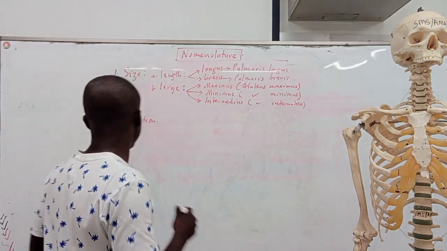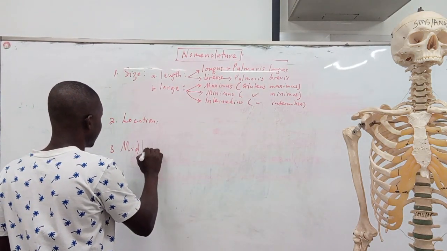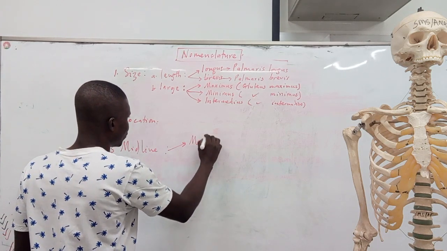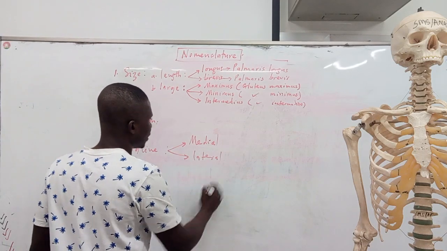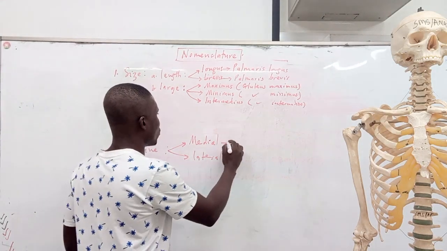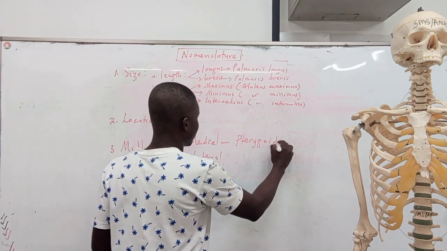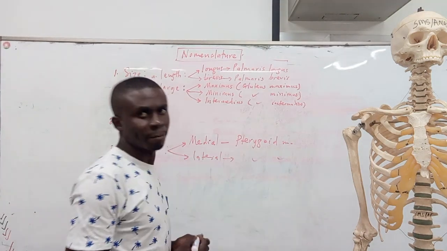So, with respect to the midline, it could be medial or lateral. So I can have something called medial pterygoid. You will see them. I may have lateral pterygoid.